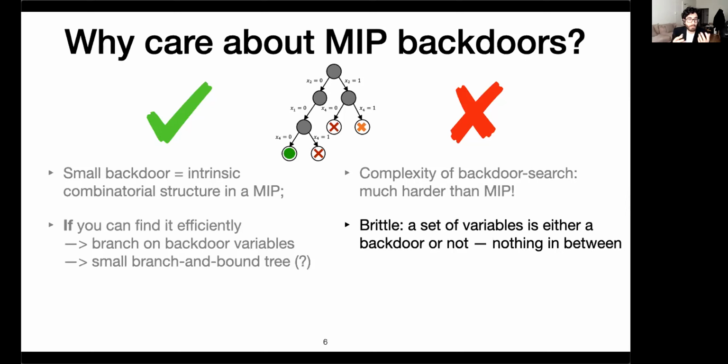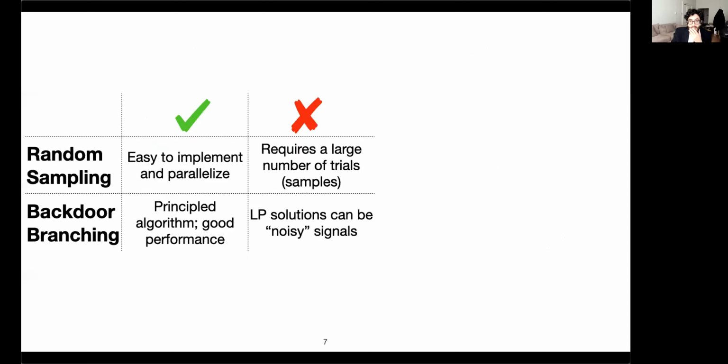There's really not much in between. And because we expect such objects to be very rare, you're searching for a needle in a haystack. So this makes it a bit scary to approach. So part of the motivation of this work is to break some of these barriers and make it easier to assess computationally whether backdoors exist or not for instances that you care about.